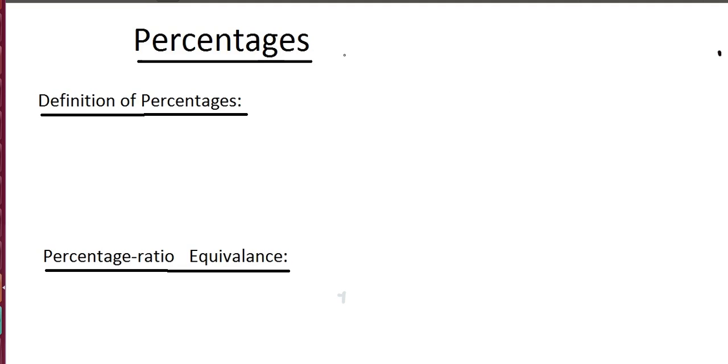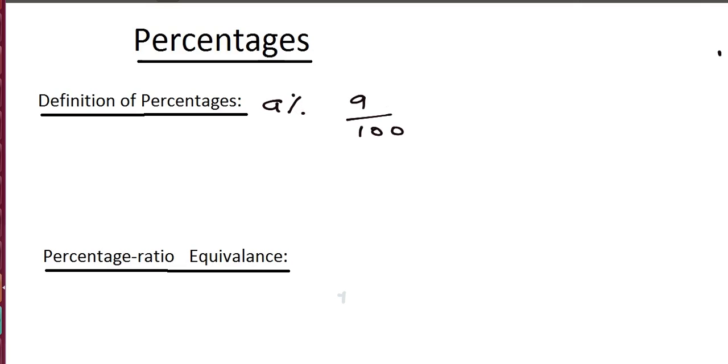So for example, if we say A percent, it means A divided by 100. This percent means divided by 100.